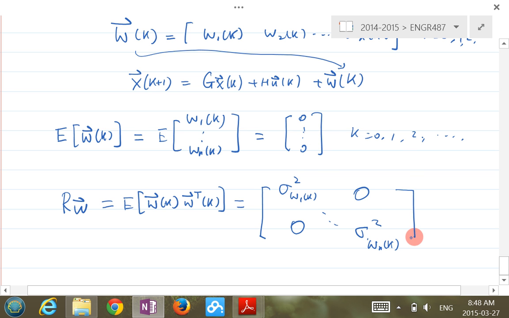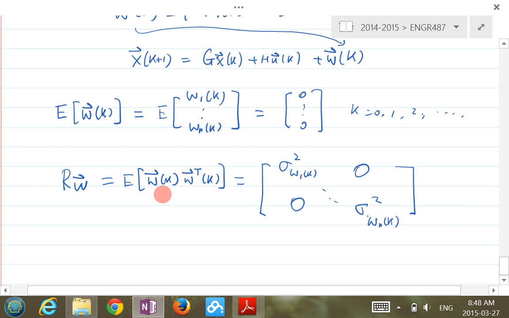Off diagonals are all going to be 0. And because it's white and independent, the autocorrelation is the same as the autocovariance. So these two generate the same matrix, which is this.